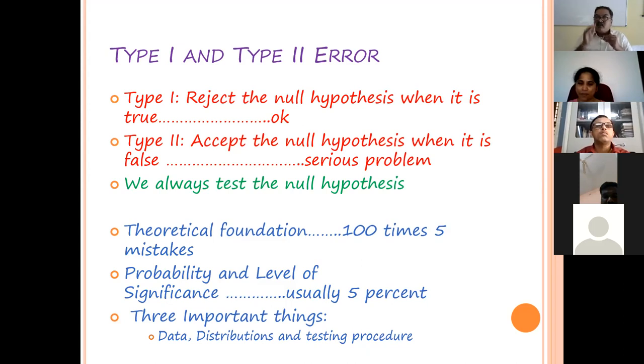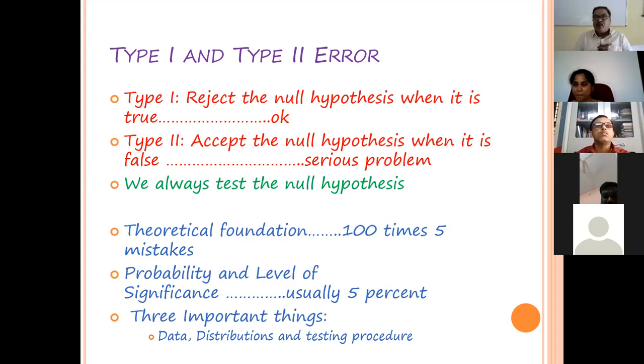But if you reject the null hypothesis even though you do not have sufficient proof or evidence to reject it, just to prove your alternative research hypothesis, that's a kind of type 1 error. That's the mistake you are committing.